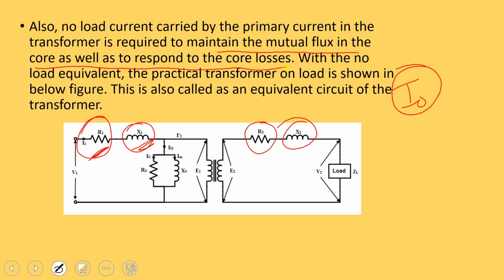With the no load equivalent, the practical transformer on load is shown in this figure. This is also called the equivalent circuit of the transformer when we show all the components, and this shows the no load component. And I0 is divided into Ic, the core current, and the magnetizing current.